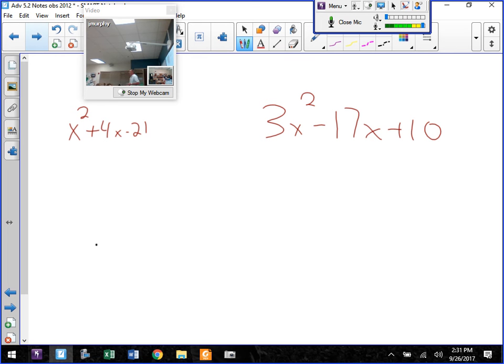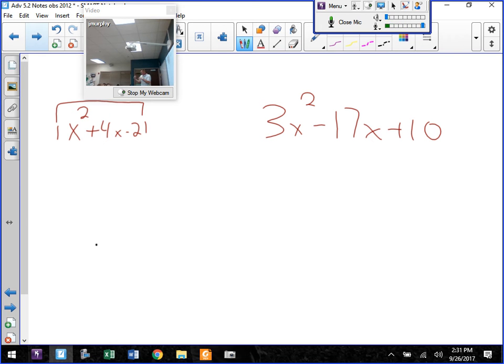In essence, what we really did is we go back thinking about what the numbers meant. What's the coefficient of x squared here? The 1, right? So really, I was saying what times what was -21 that adds to 4. But really what I was doing was 1 times -21 was how much? And then I would say what times what was -21 that adds to 4.